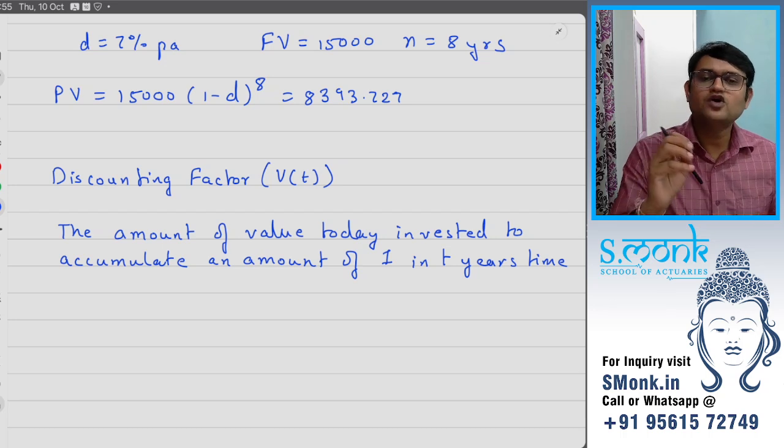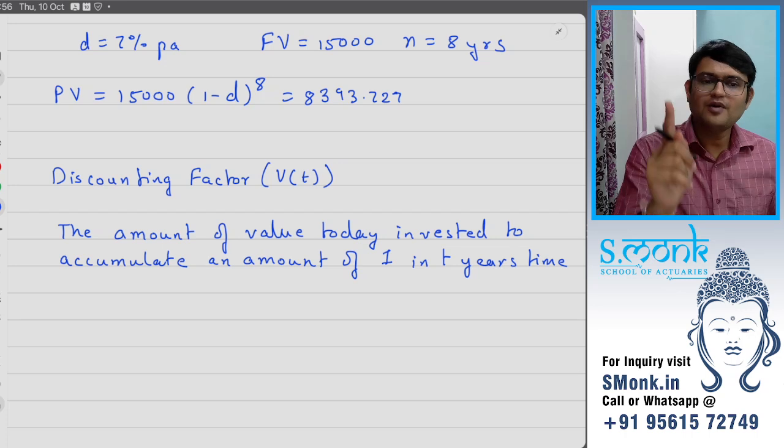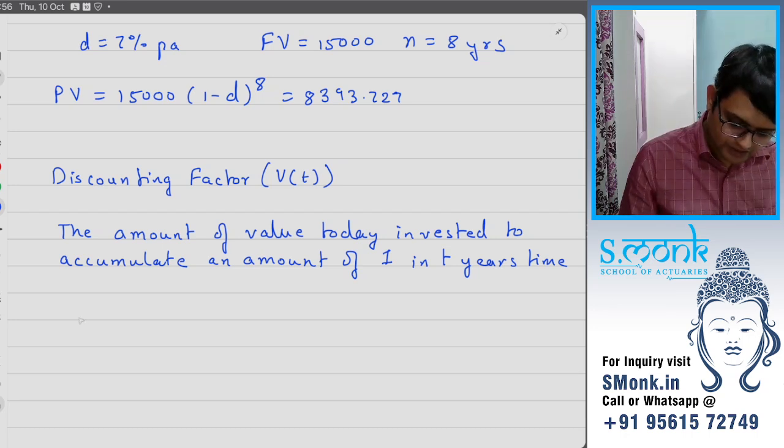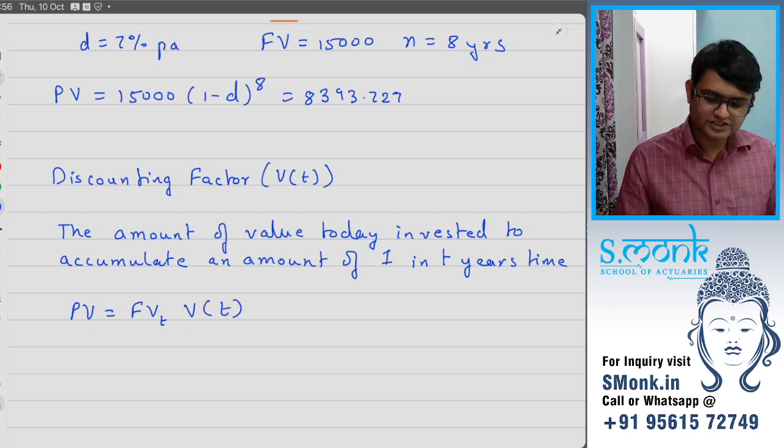So if I want my future value to be 1, the amount that I am investing today will be nothing but the discounting factor. We say that present value must be equal to future value at time t into Vt. This is nothing but our discounting factor.